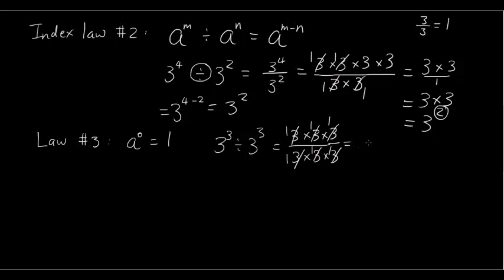Alright, so we're just left with 1. Now 3 to the power of 3 divided by 3 to the power of 3, using our second index law, that will be 3 minus 3, which is 3 to the power of 0. So 3 to the power of 0 is the same thing as 1. So that's why anything to the power of 0 is 1.